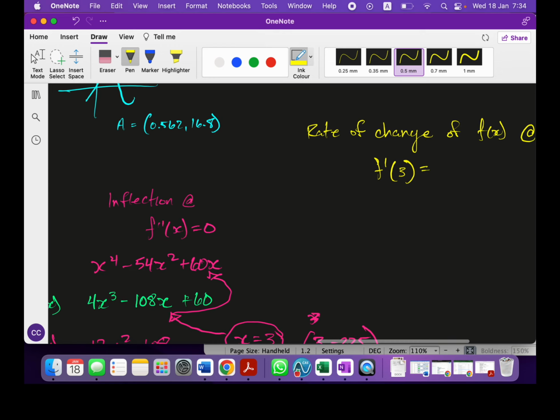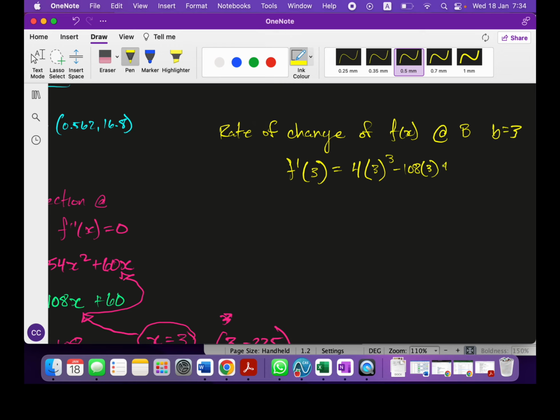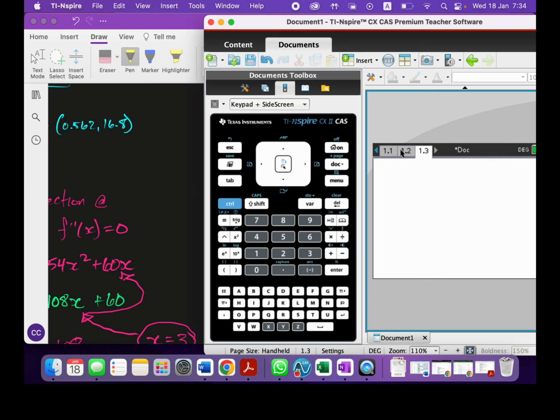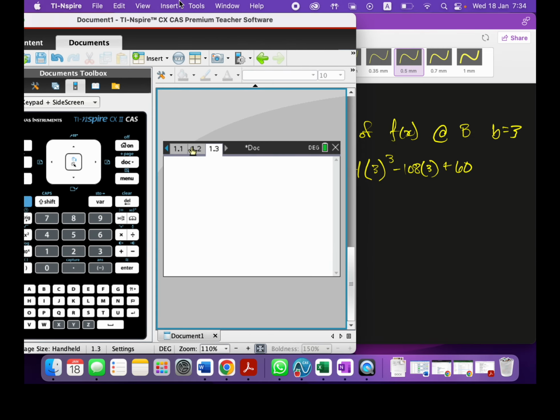Okay, so looking back, my first derivative was 4 times 3 cubed minus 108 times 3 plus 60. Again, this is where our calculator is our best friend. Sorry, I just got to move around so I can actually see my equation.